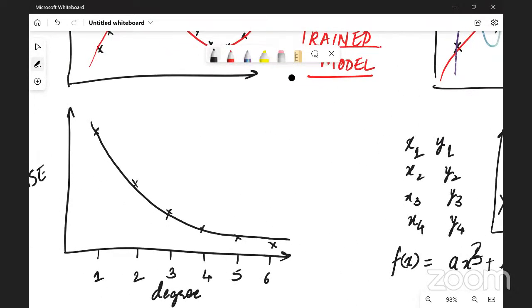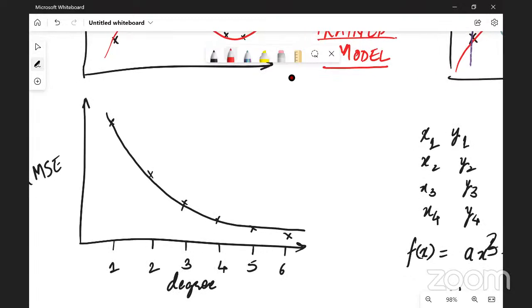We want our model to generalize properly as well, right? So imagine this is your training loss, and this is how your validation loss looks. Something like this. 2 just goes over here. 3 is still decreasing. For 4 it is increasing.